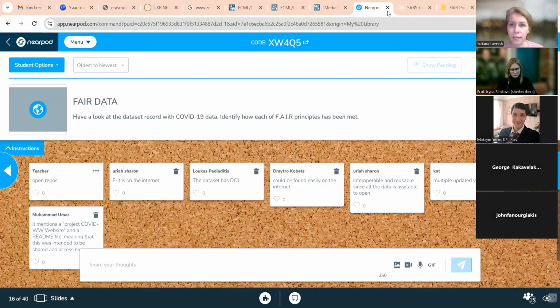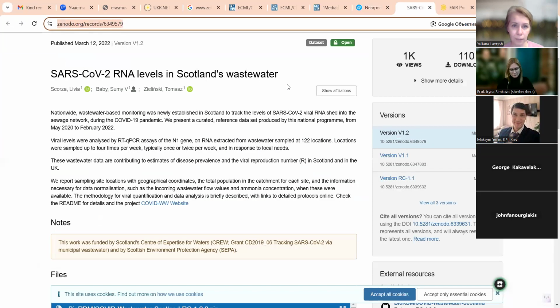Absolutely. Okay, now let's have a look at this paper together and summarize all this idea and find evidence why this data set follows the FAIR principle. So you were absolutely right speaking about the first, findable. Findable because it has a persistent identifier, DOI.